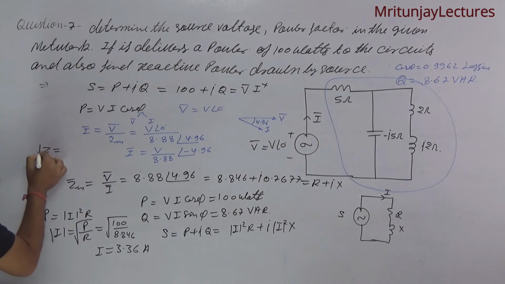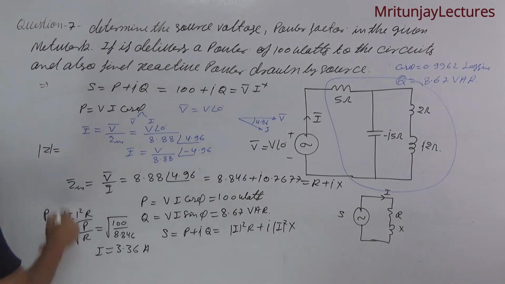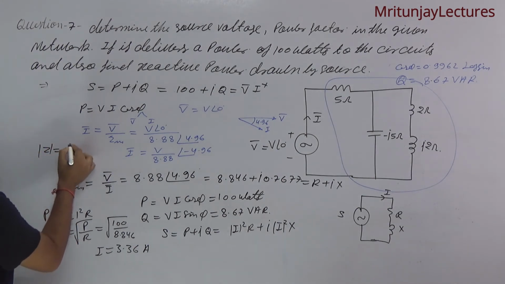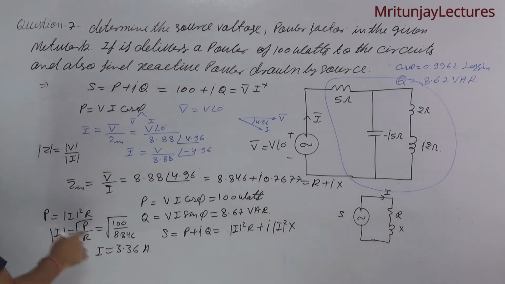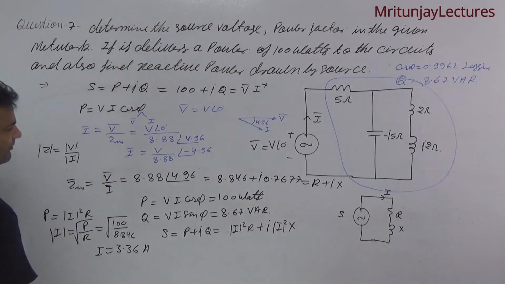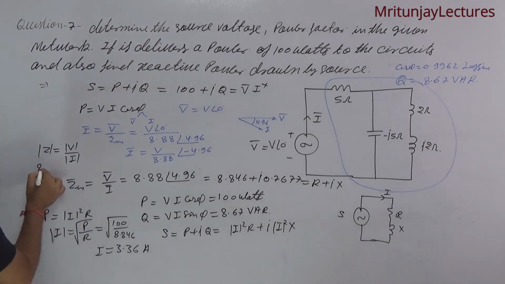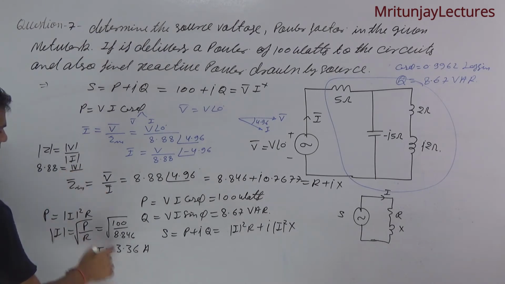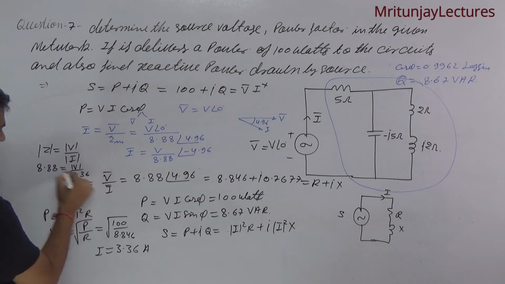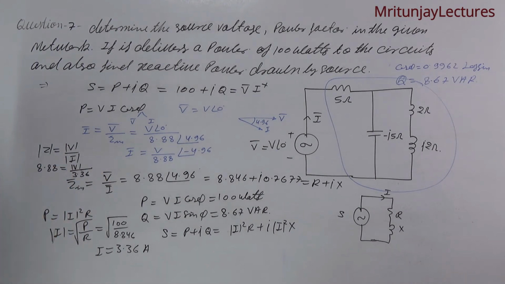So V is equal to Z times I. What about Z? 8.88. And what about I? That is 3.36, magnitude wise.